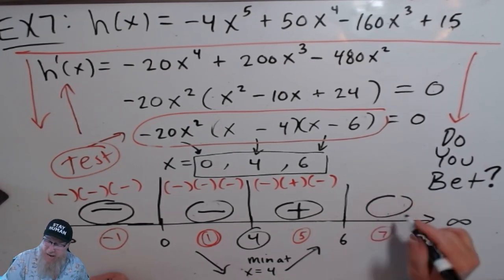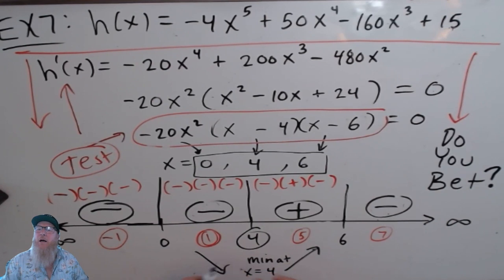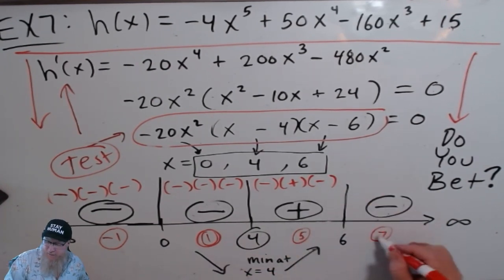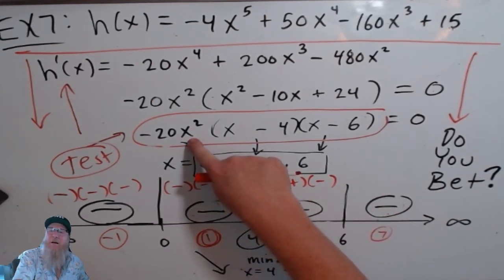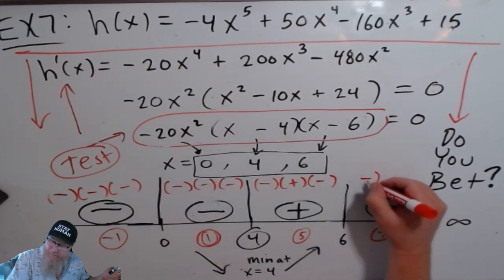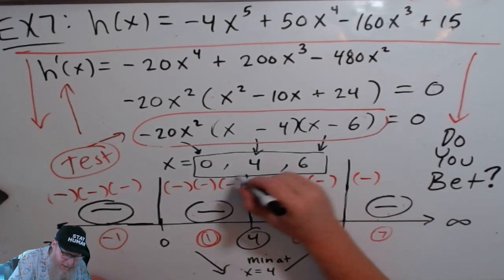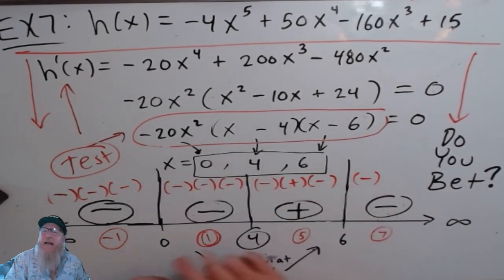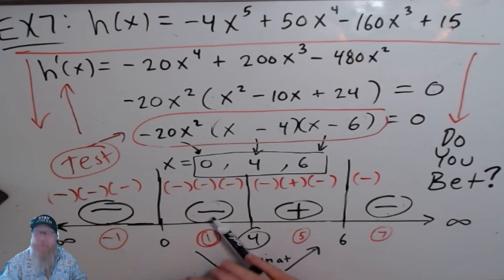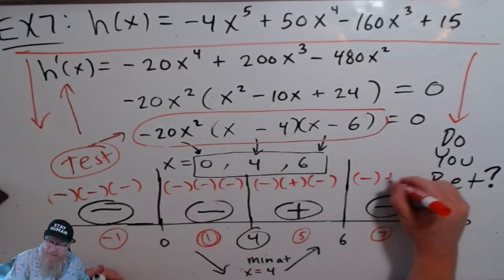Now I would probably bet that the last one's negative. Would you bet? I would. But I'm still going to test. So now plug in 7. 7 squared is 49, positive, times negative 20. There it is again. That first factor is negative. Here's why I like to put the bin walls up to keep these guys from contaminating each other. 7 minus 4, that's positive.